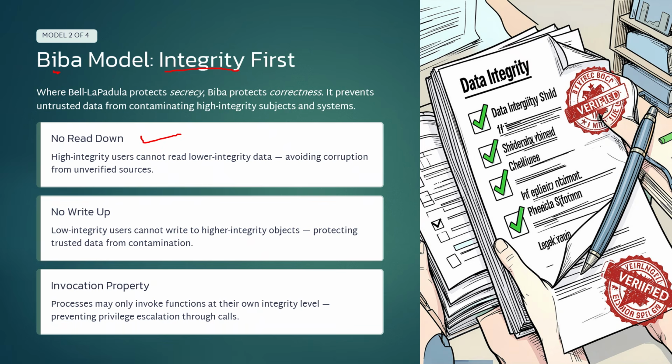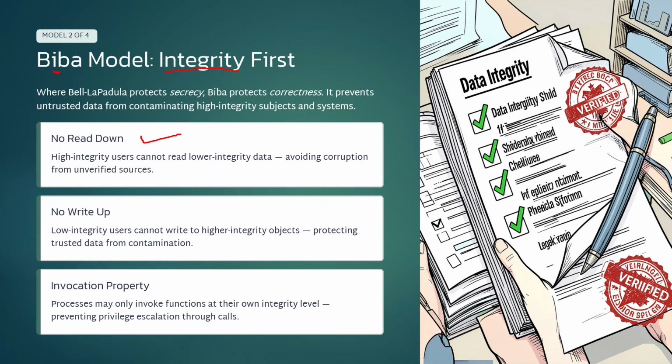A financial auditor cannot rely on unverified records. We were talking about how a general should not write data into lower level files. Why?